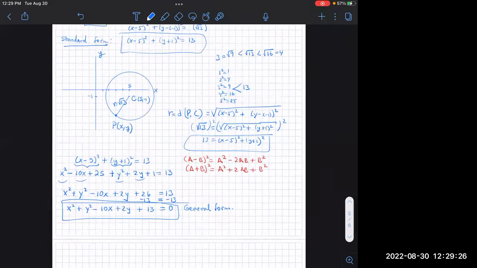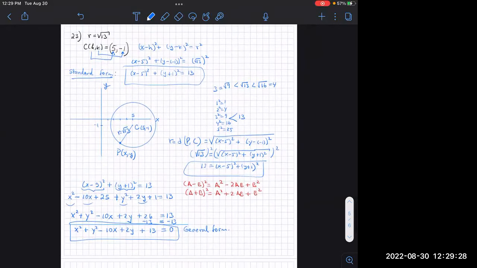Okay, now the next set of exercises. In math, you're always learning something, and later you say, what if you go backwards? What if I give you the general form, and then I want the standard form? So we have to backtrack.